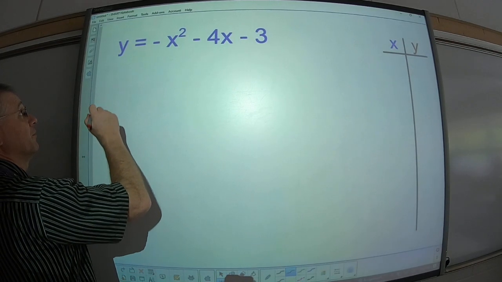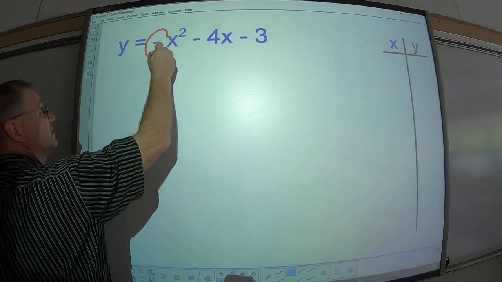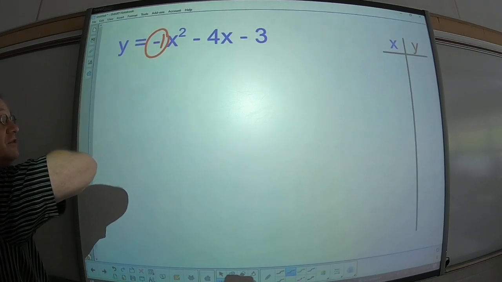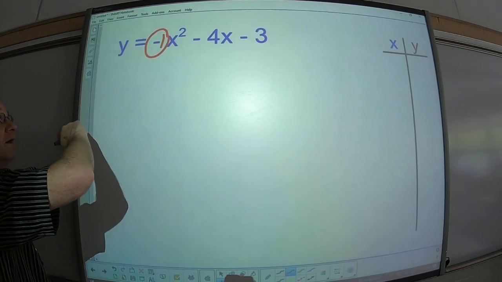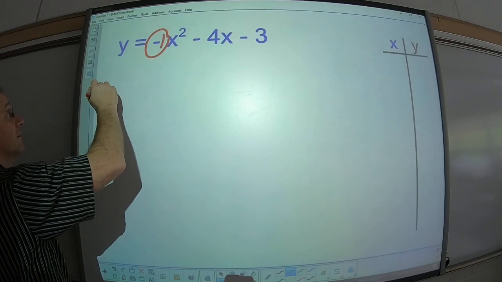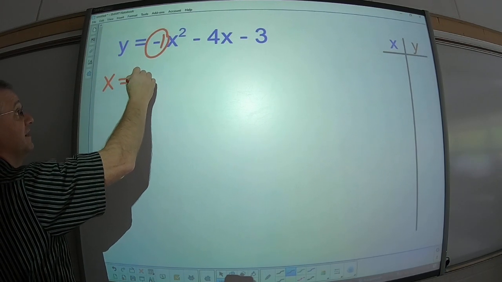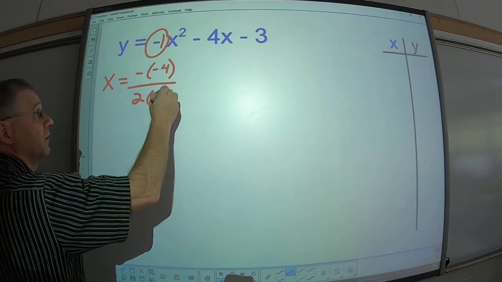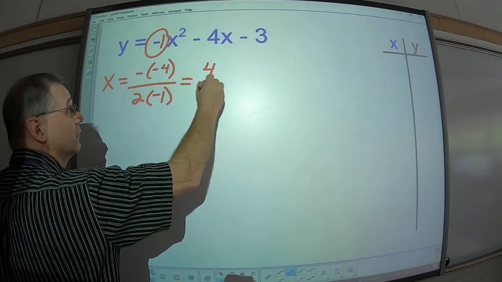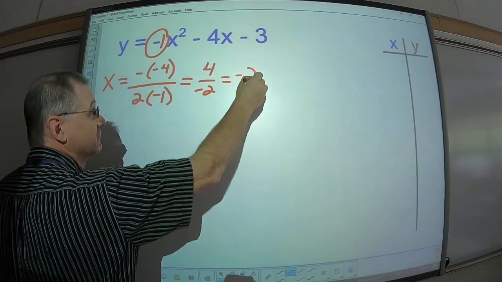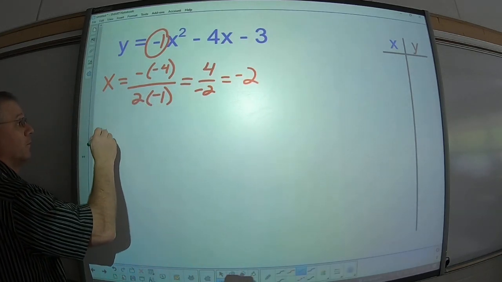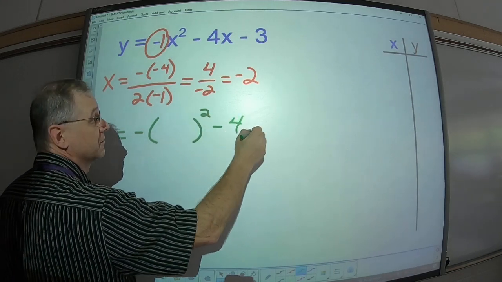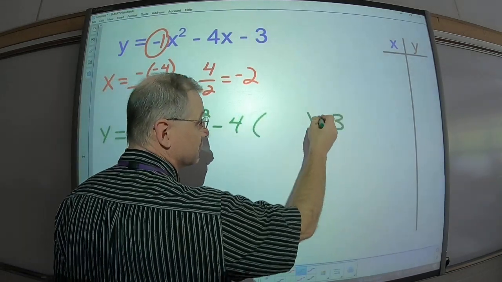All right, now that you've unpaused it, remember, this is a -1, understood to be there because there's no number, so we fill it in with a 1 if there's nothing else there. x equals negative of -4 over 2 times -1. So that's 4 over -2, or -2. y equals -( ) squared minus 4( ) minus 3.